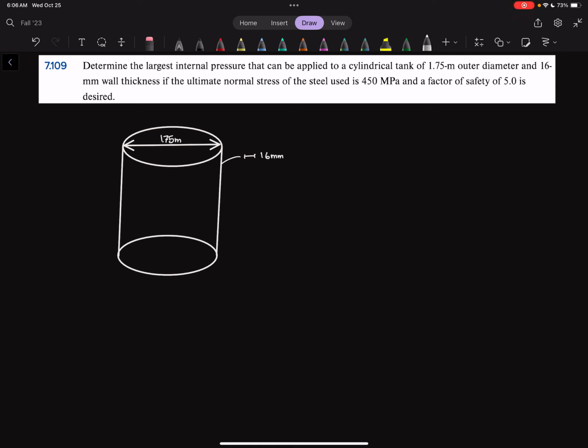And the ultimate normal stress, sigma ultimate, is 450 megapascals, and a factor of safety of 5 is desired.